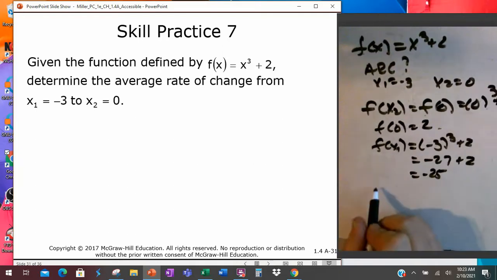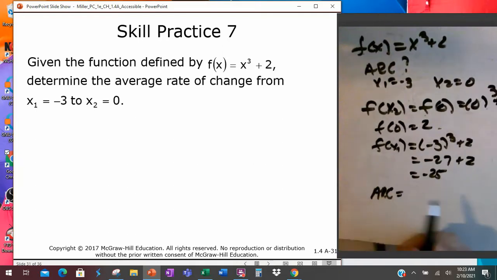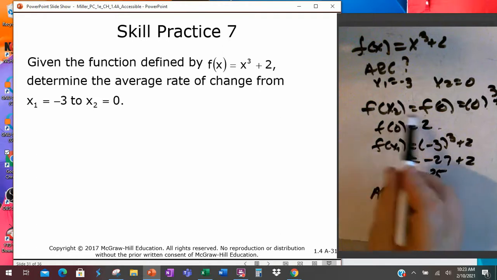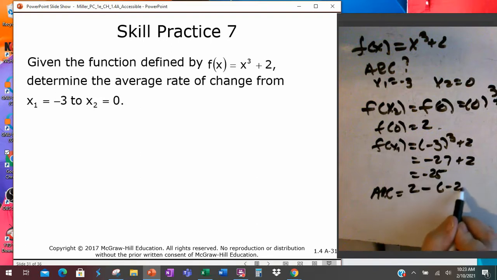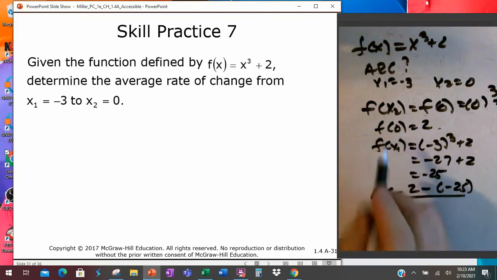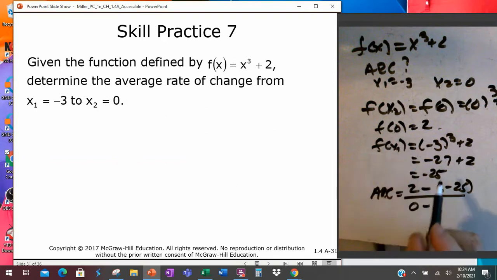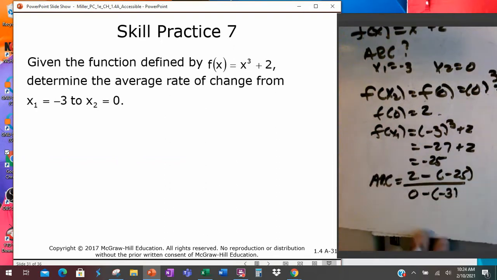So my ARC would be my f of x2 minus my f of x1, over my x2, which is 0, minus my x1, which is -3. So it would be 27 thirds, which is equal to 9.